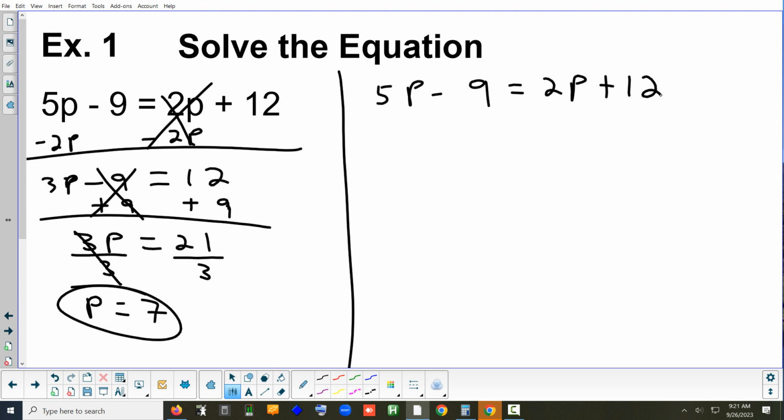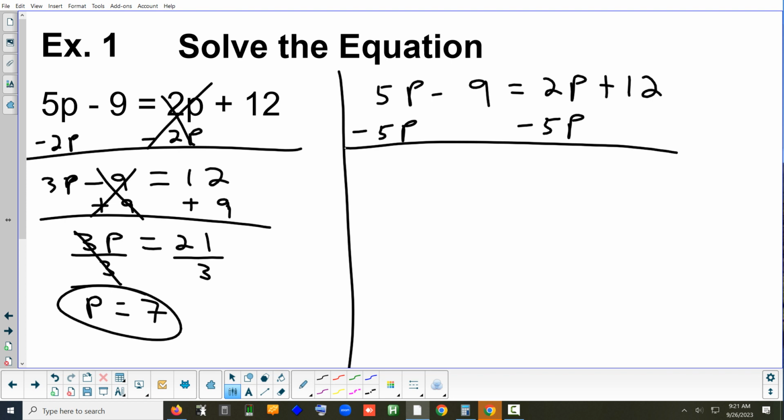Now instead of moving the 2p to the left, let's see if we can move the 5p to the right. Anyone think they could tell me how to do that? Yep, so you subtract 5p from both sides of the equal sign. Subtract the 5p on both sides.